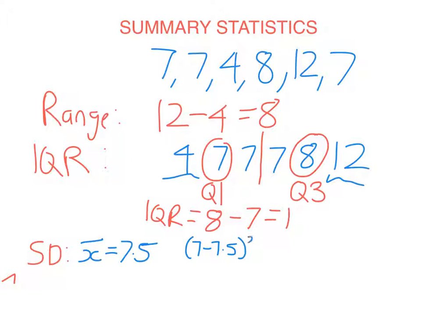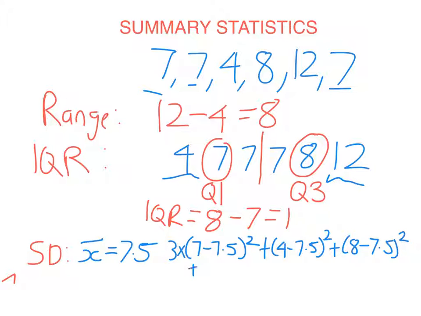Now because there were 3 scores that were 7, I can just times that by 3. And I've got to do that for all the scores and add them up. And then remember, I divide by how many scores there are and square root it.